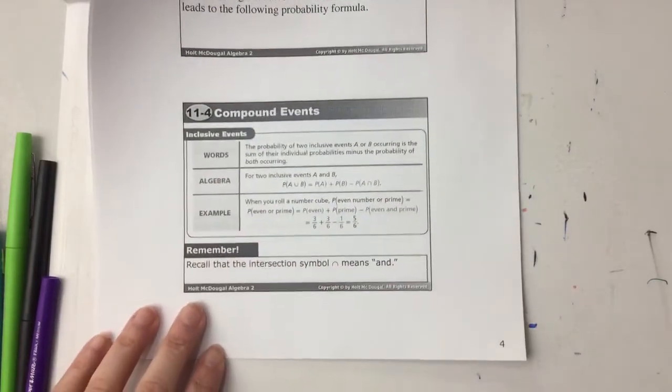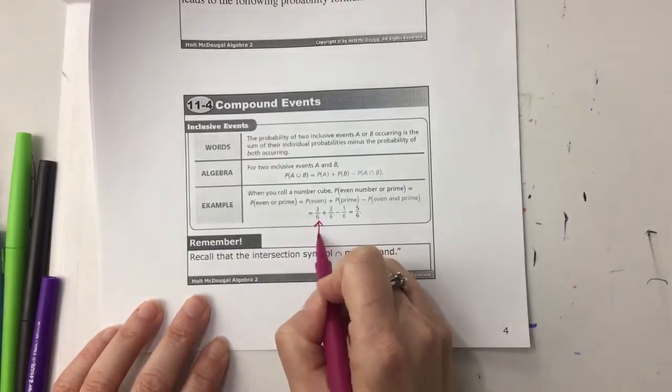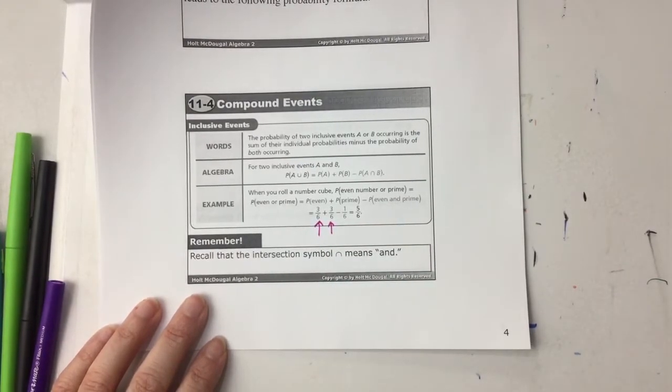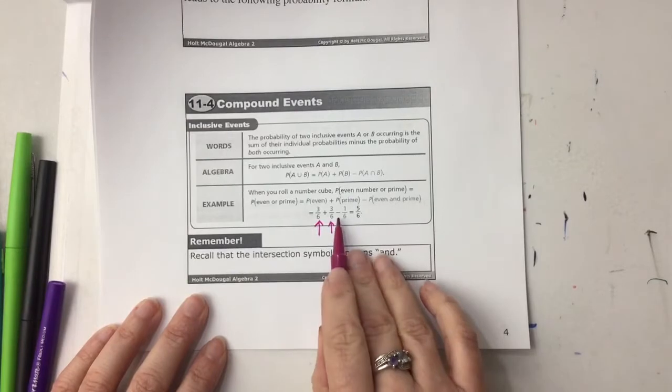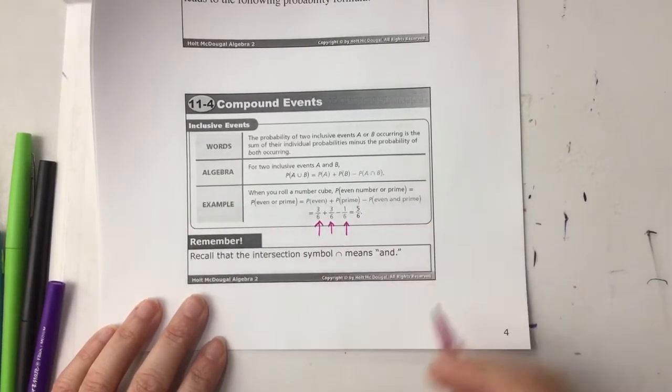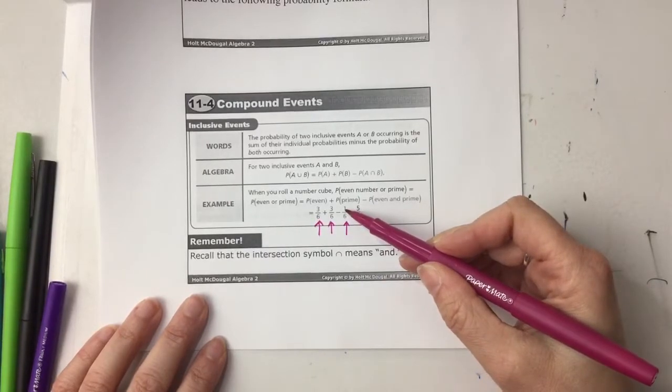Okay, here is the formula. We had 3 even numbers, right? We had 2, 4, and 6. We had 3 prime numbers, 2, 3, and 5. Because the 2 was counted both times, you have to minus how many numbers were overlapped.